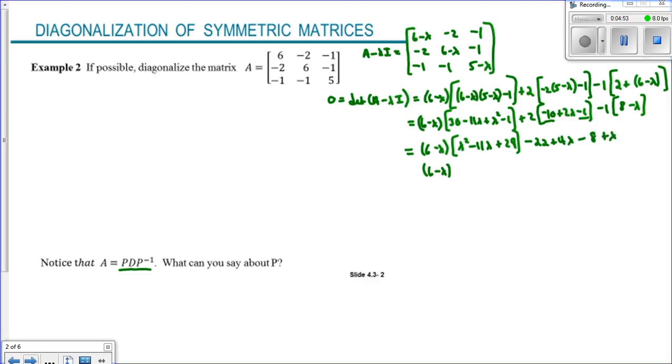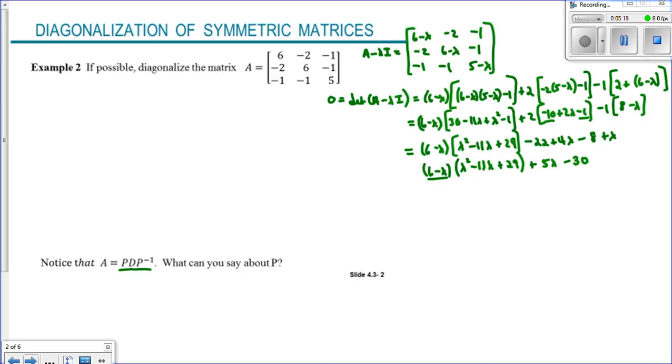I'm resisting multiplying out the first term, hoping that maybe a 6 minus lambda can be factored out of the two resulting terms that I'll have in just a second. Adding these, I have a 5 lambda and then minus 30. Notice if I take a 5 out of that, I get a lambda minus 6, which is exactly the negative of this.